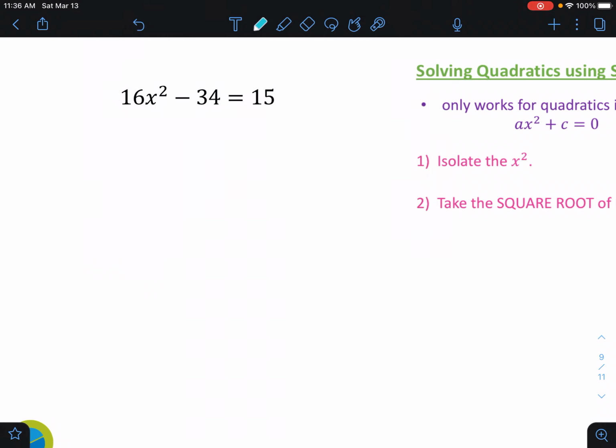All right, so this one, add 34 to both sides. I get 16x squared. These cancel. Equals 49. Okay, divide by 16.